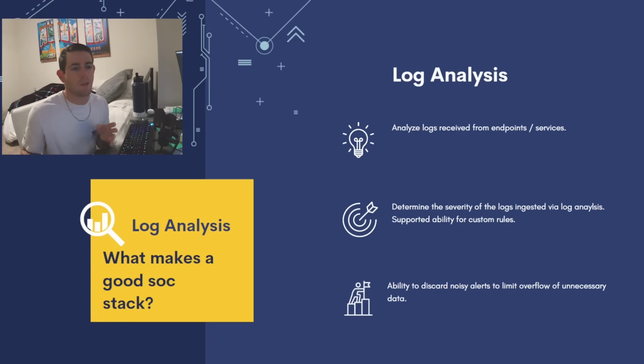We need a way to analyze those and match them up against rule sets. So, for example, if I see PowerShell executed with the execution bypass flag, we need an alert saying this is potentially suspicious activity because PowerShell was invoked with the execution bypass flag. So we need a way to analyze the logs that are coming in real time and categorize them accordingly.